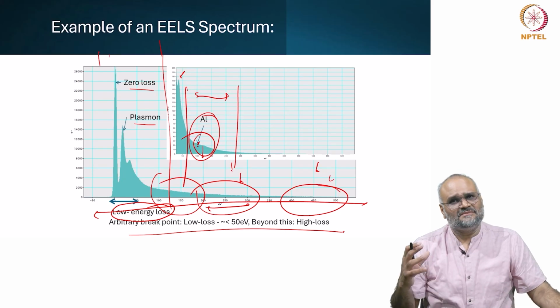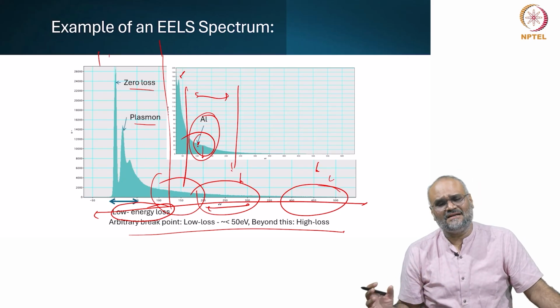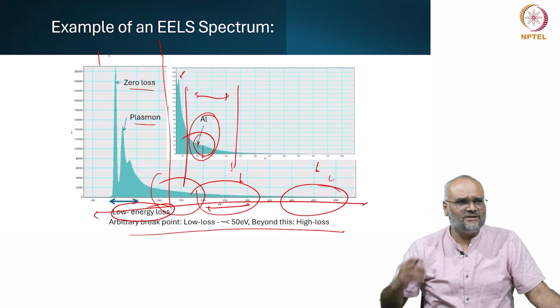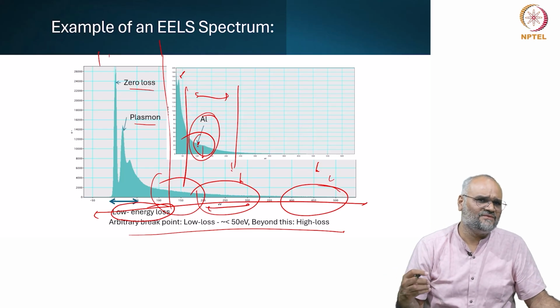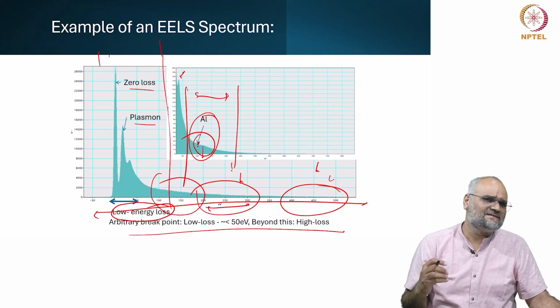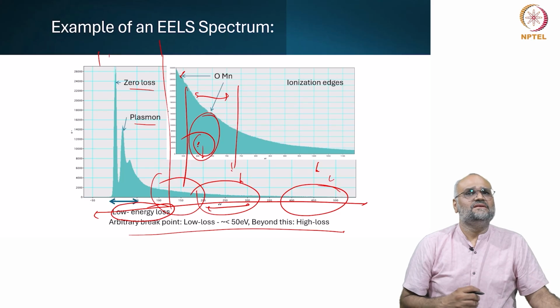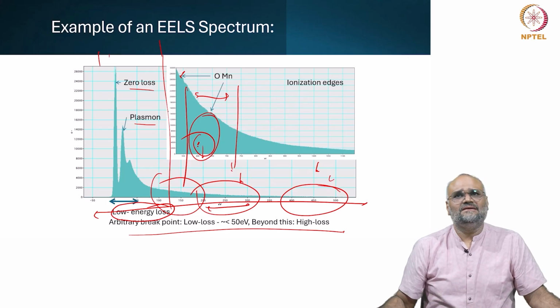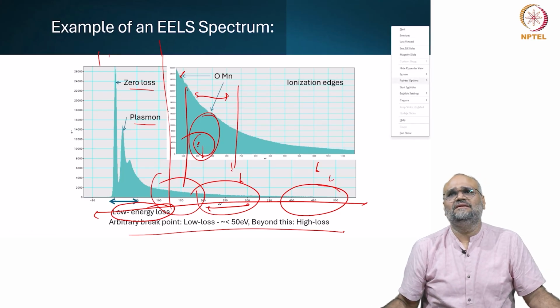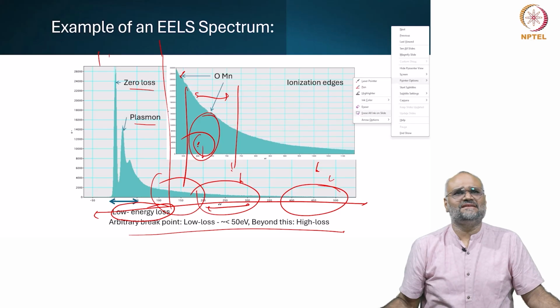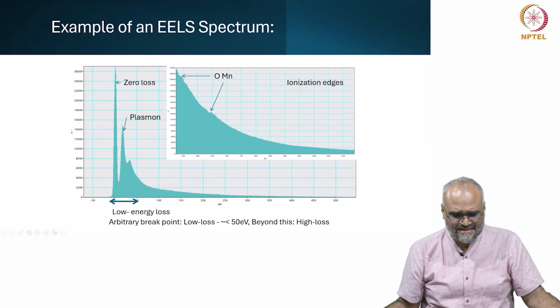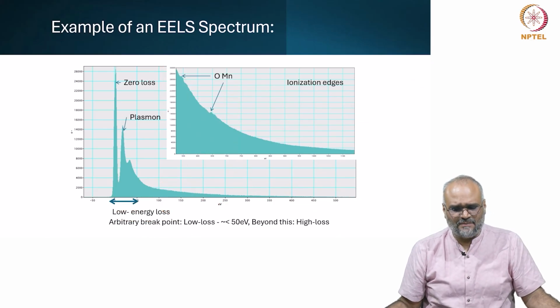So please, when I talk about what the technique can do, it might be very appealing that you want to jump into getting this kind of data, but please remember that it is not that straightforward. If I look at, for example, let me erase this again, the ionization edges from oxygen and manganese.